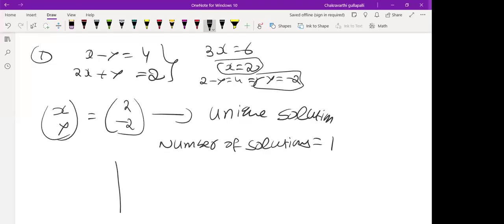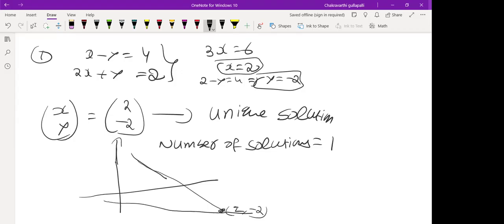Sometimes you may be given graphs. Graphically, this unique solution is represented like this. This is a straight line, and this is also a straight line. Here x is positive, y is negative, so it comes here: x is 2, y is minus 2. Again, 2x plus y is equal to 2. This equation also intersects this.